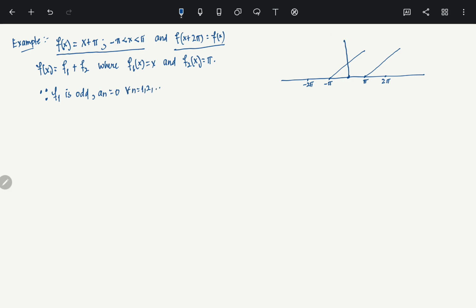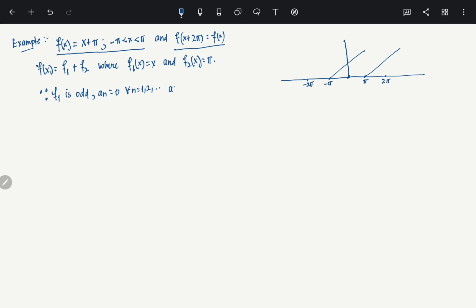So you remember, right? Which one is among sine and cosine, which one is odd? Sine is odd, right? So essentially the Fourier series which you are going to get is in terms of sine, right? So the cosine part, the an part, they are going to be 0.